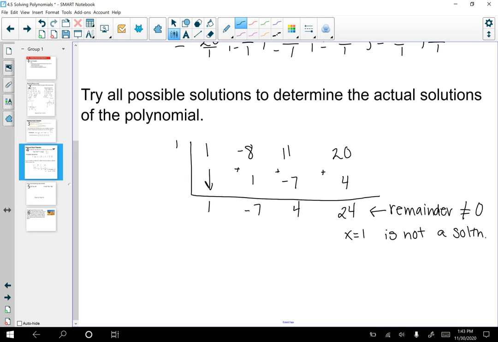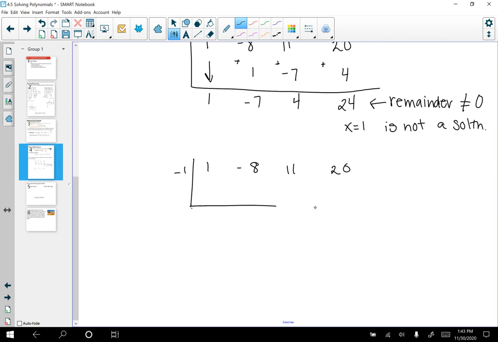All right, so now I'm going to go ahead and try negative 1. We can cross positive 1 off of our list. Again, 1, negative 8, 11, and 20. 1 times negative 1 gives me negative 1. When I add, I get negative 9.